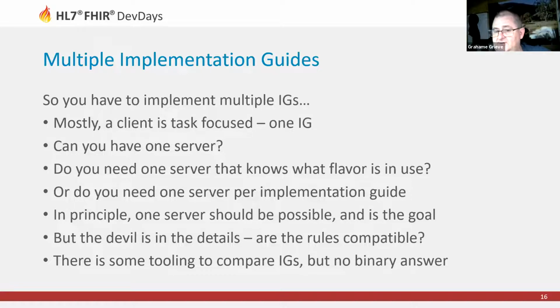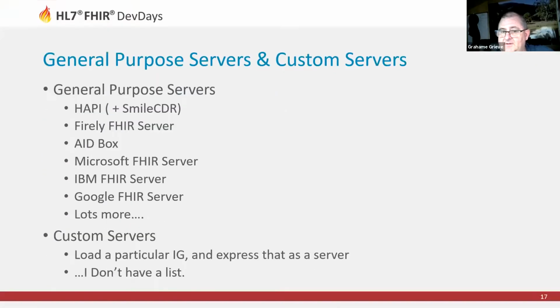On the other hand, the union is all the possible kinds of resources you might get if you're reading data that conforms to either implementation guide. So that's your reading problem. We're working on the tooling to make it better, but it's not going to be a simple thing.